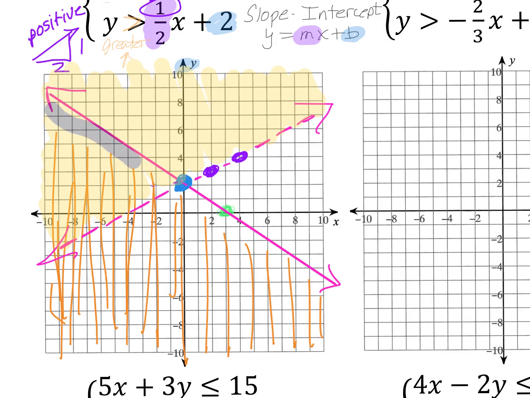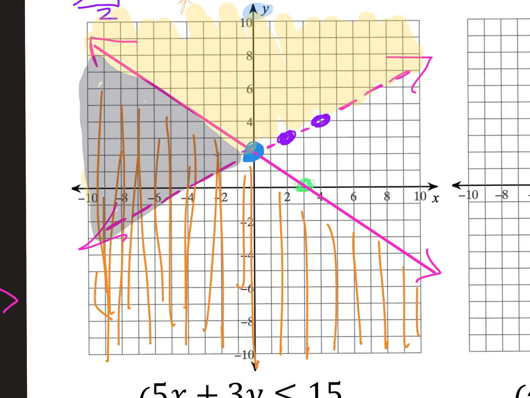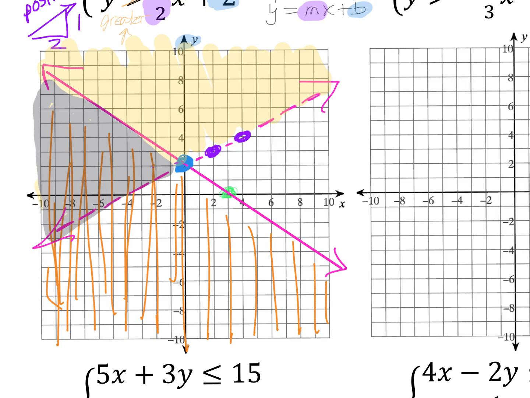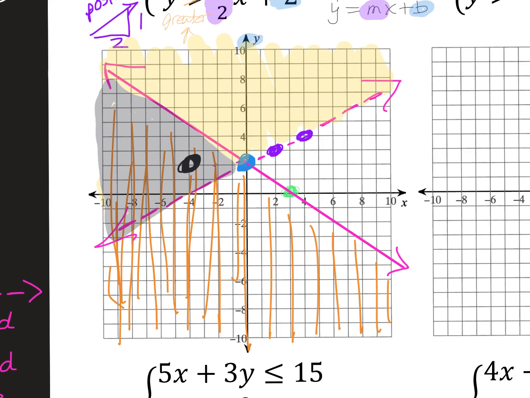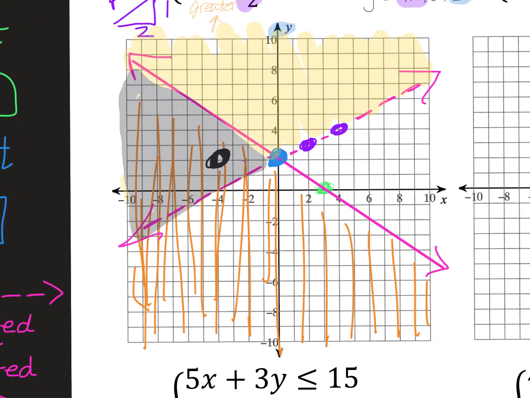So this area where they overlap represents all the possible solutions to this system of inequalities. So one solution per the directions that I could do is this coordinate right here, which is -4, +2.